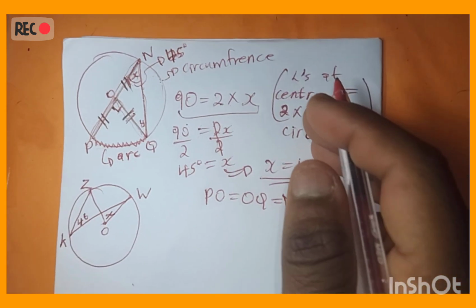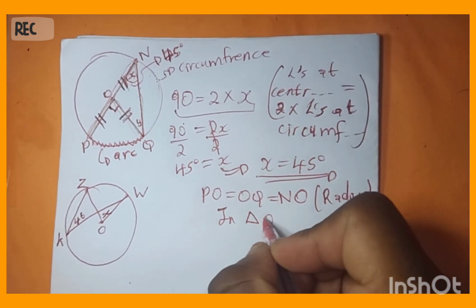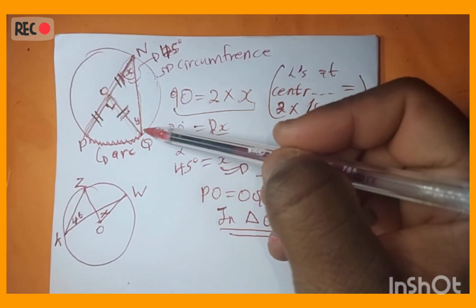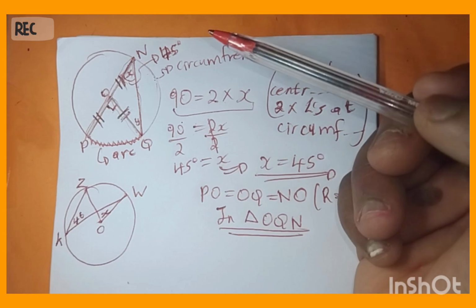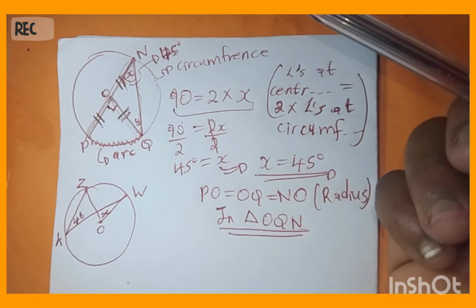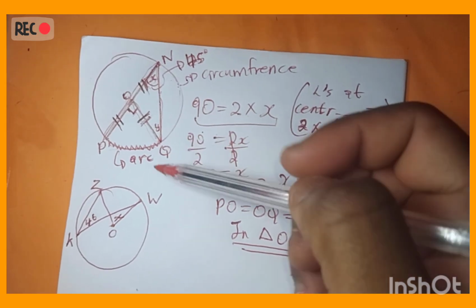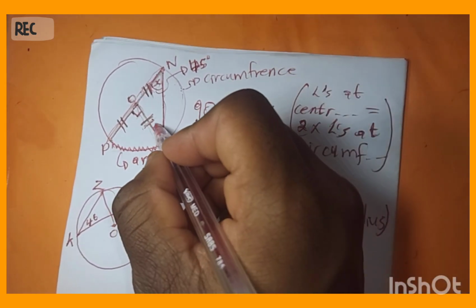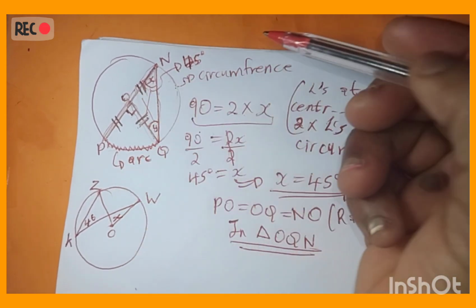But now, guys, if you check in triangle OQN, do you see the triangle OQN? In that triangle, you should understand that we have what we call an isosceles triangle. An isosceles triangle tells you that if we have 2 equal sides like that, the angles opposite those sides should be equal.